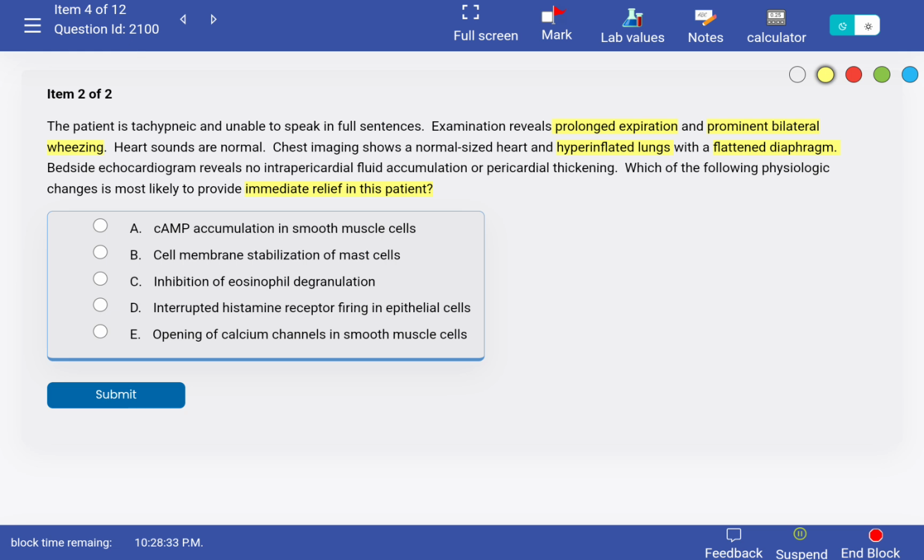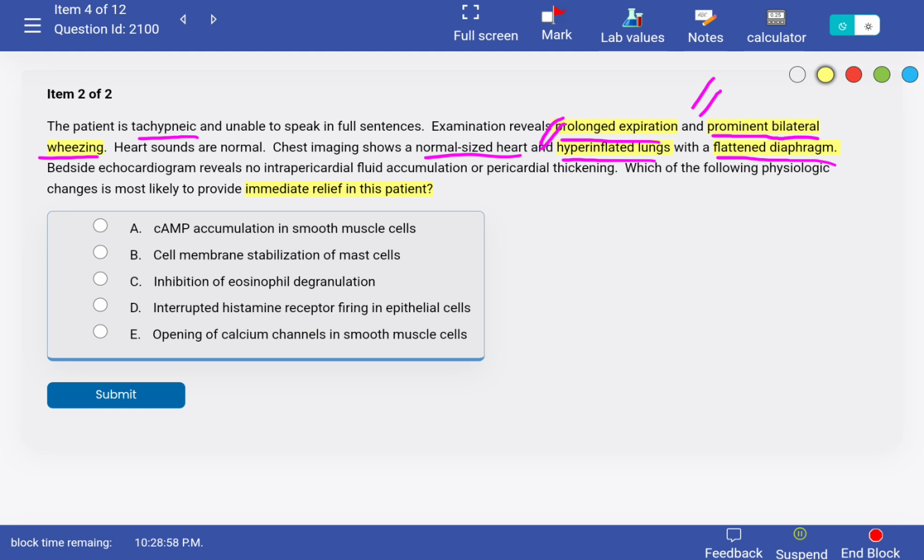Question number 4, continuing with question number 3. The patient is tachypneic and unable to speak in full sentences. Examination reveals prolonged expiration and prominent bilateral wheezing, pointing to one special disease. Heart sounds are normal. Chest imaging shows a normal sized heart and hyperinflated lungs with flattened diaphragm.